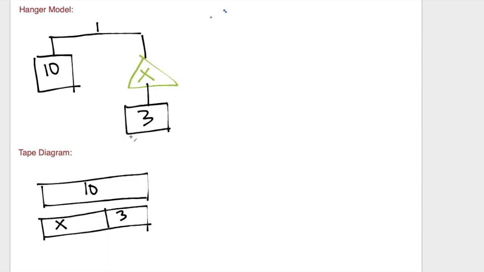So this one is 3. So I can take away 3 on this side to make it equal to 0 and it disappears. And then if I do that on the right hand side, I have to do the same thing on the left hand side. So 10 minus 3 is 7 now. So now I have 7 remaining on the left hand side and x remaining on the right hand side. So then 7 would equal x. Or you can flip it around, make it x is equal to 7.